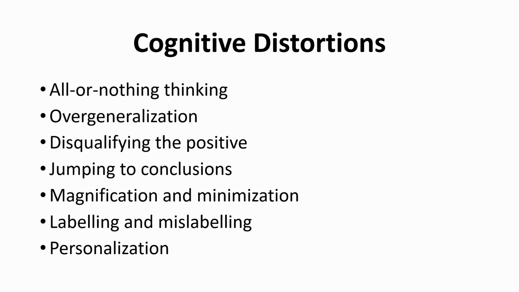This could be the idea that things are just black and white, or black or white, where it has to be one way or entirely the other way. There's no gray area. There's nothing in between. It's all or nothing. So if you and a friend get into an argument, because you're fighting, you might think that, oh, we've argued, therefore we're now enemies.